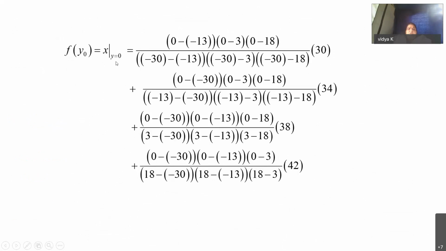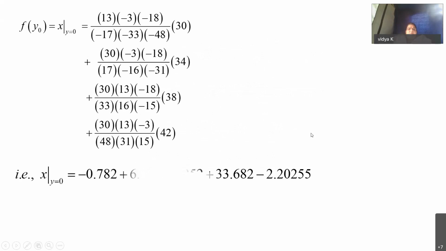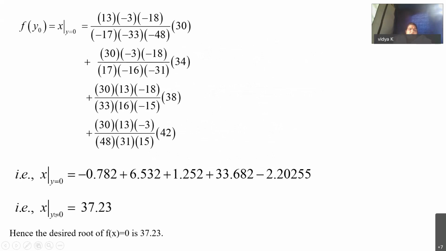And the thing is, you want the value of x for which y is 0. So what you do, replace wherever y by 0 now. That's all. That is the only difference. Whenever they ask to find the root of the equation, you replace wherever y in the Lagrange inverse interpolation formula by 0 and simplify. You get the value of x when y is 0 as this, which is the required desired root of the given function.